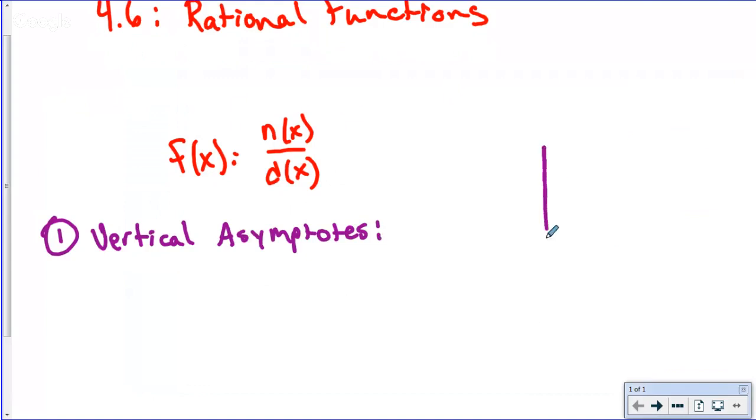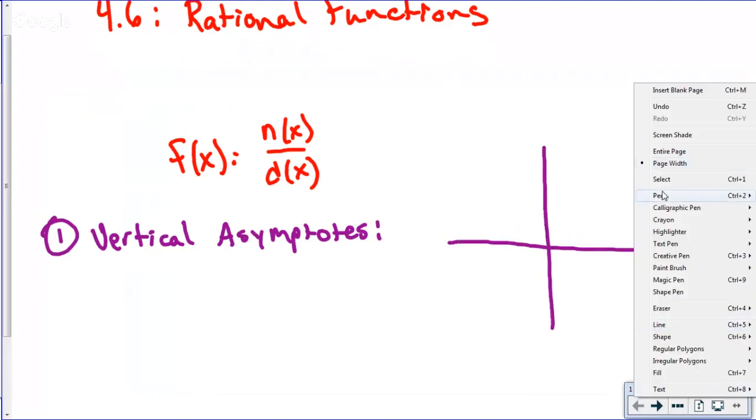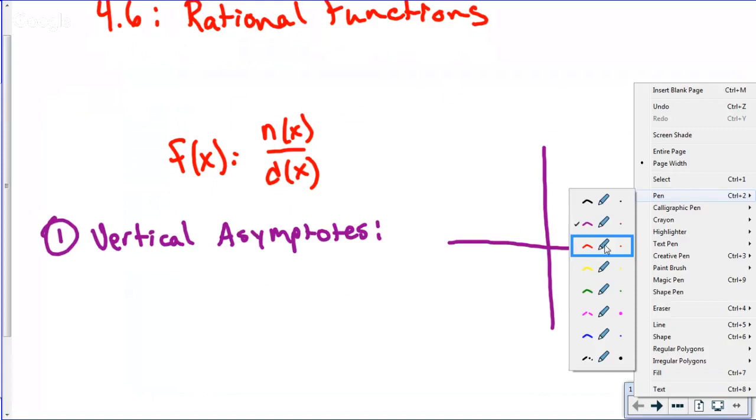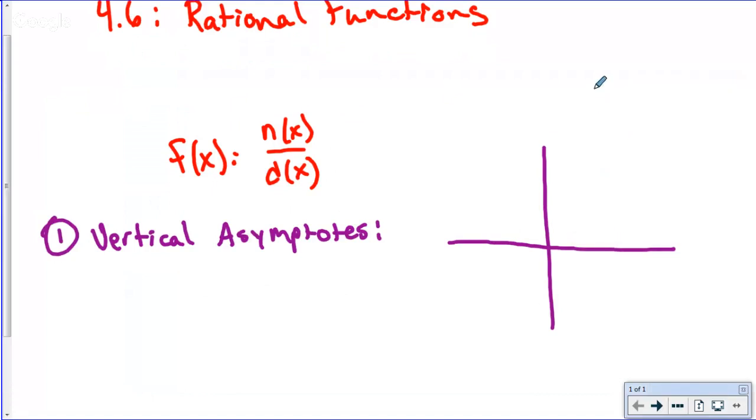Well, an asymptote is an imaginary line that your graph can approach. Normally it doesn't cross it. There's one case where your graph does cross the asymptote, but it's an imaginary line that your graph gets closer and closer and closer to.